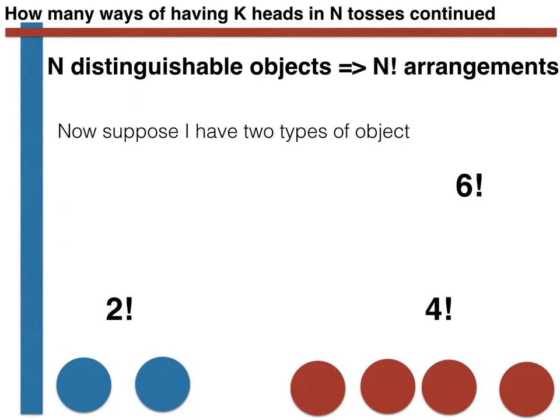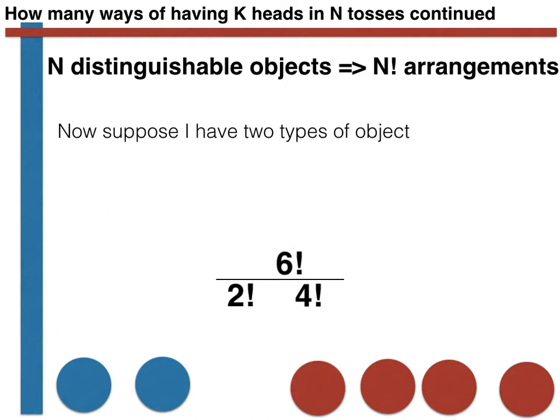In other words, there are 2 factorial times 4 factorial ways of arranging the individual blue and red circles in every distinguishable arrangement of blue and red circles. The number of distinguishable arrangements of blue and red circles can thus be found by taking the 6 factorial ways that there would be of arranging the circles if they were all distinguishable, and dividing this by 4 factorial times 2 factorial to reflect the fact that each distinct arrangement of circles can be constructed in this number of different ways.